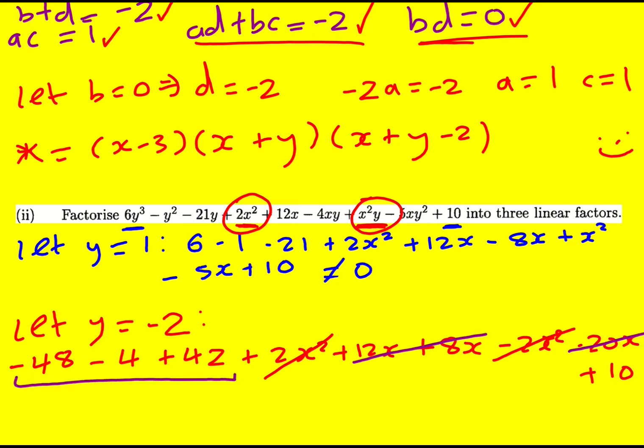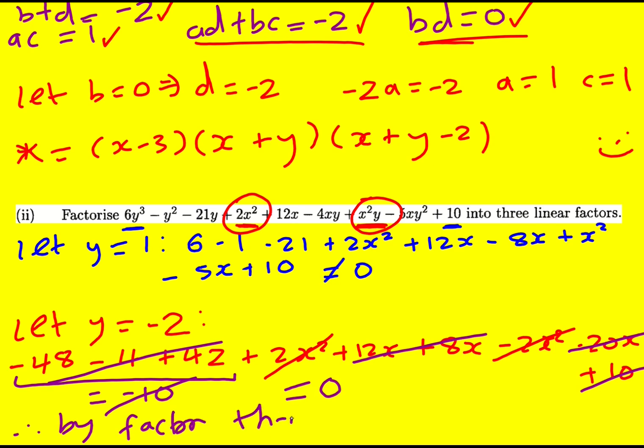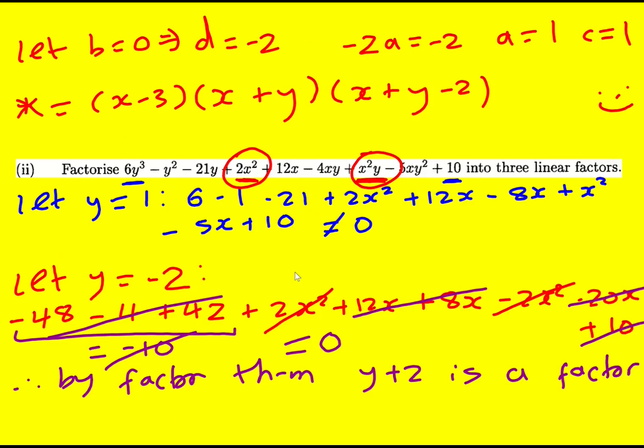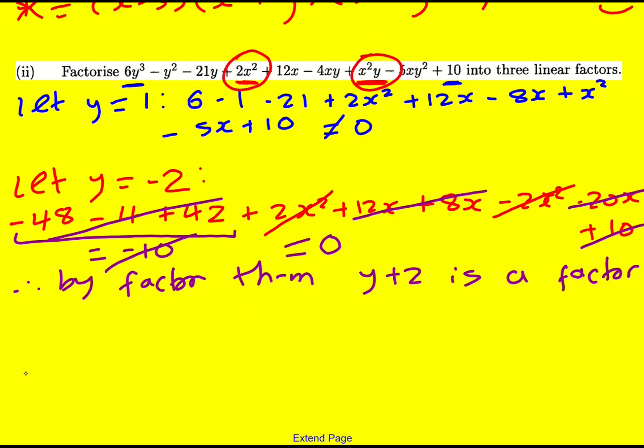Then this here is going to become minus 10. So these cancel. We get 0. And therefore, by factor theorem, y plus 2 is a factor. So same deal now. Let's try and do a division by y plus 2.